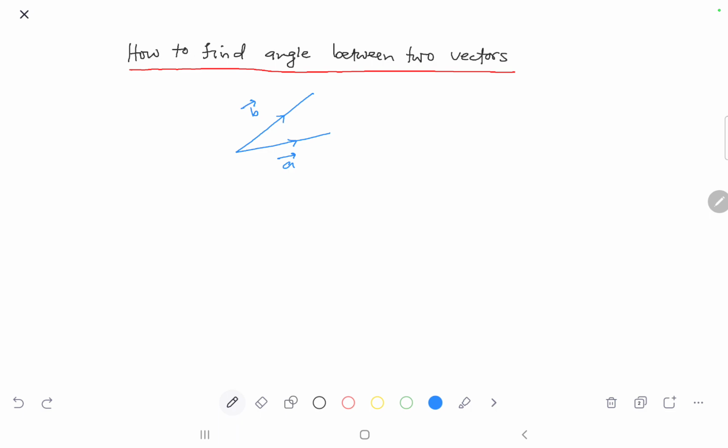Now we are interested in calculating this small angle theta. So let a and b be two given vectors.